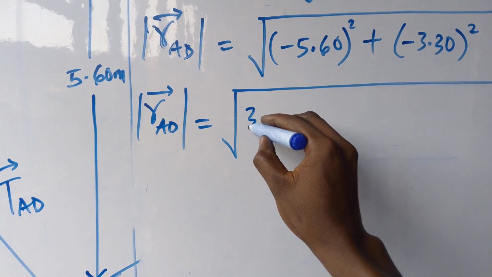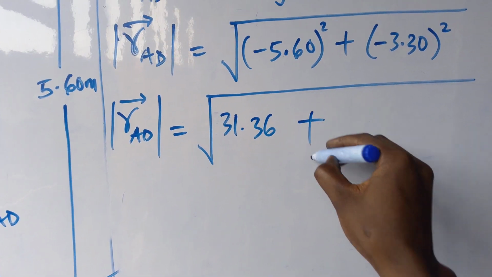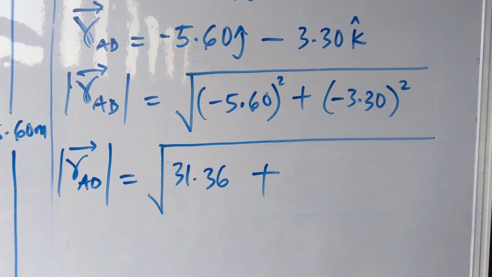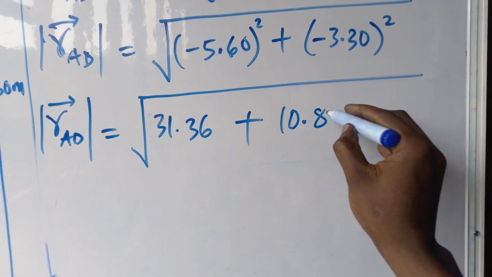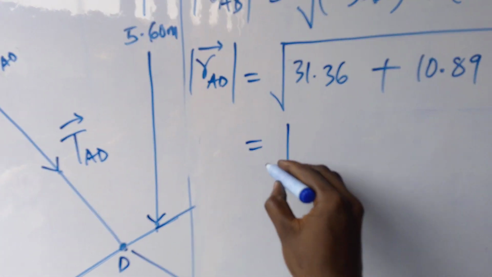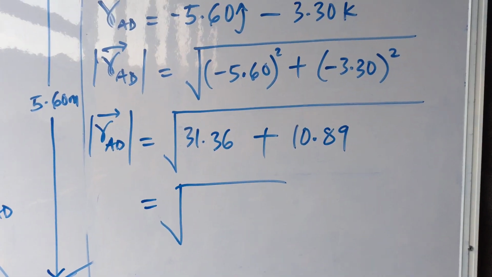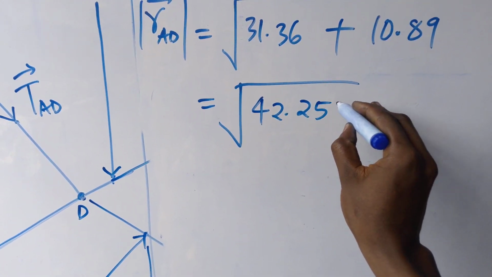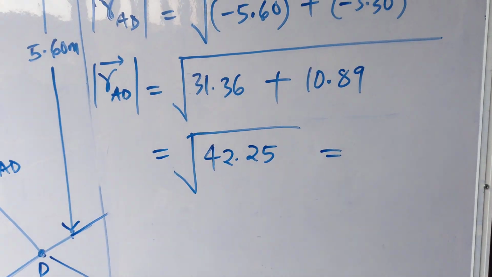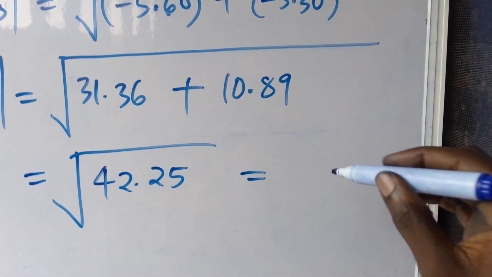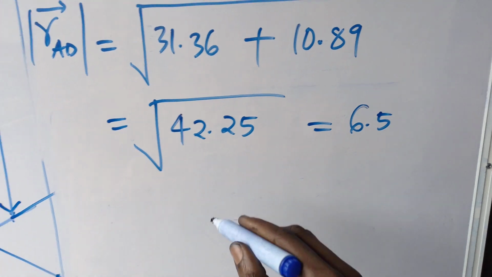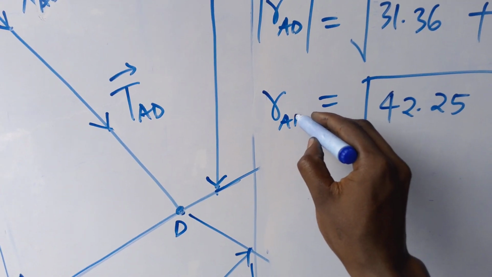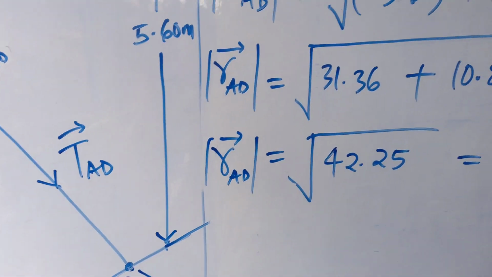That is 31.36 plus 10.89. Adding them, I have 42.25, and the square root of 42.25 gives me 6.5. That is my modulus.